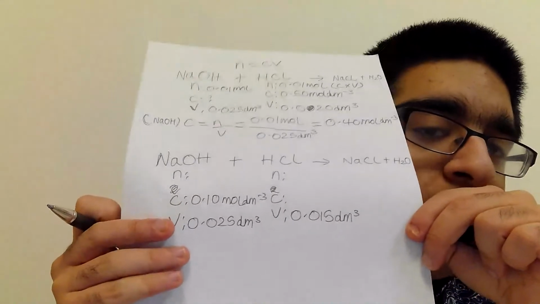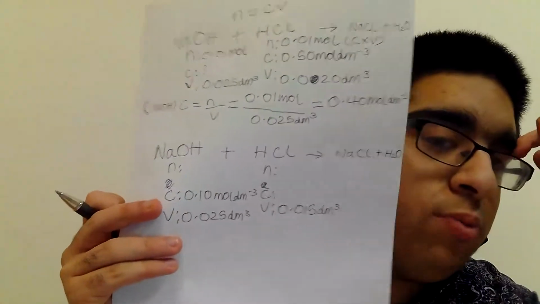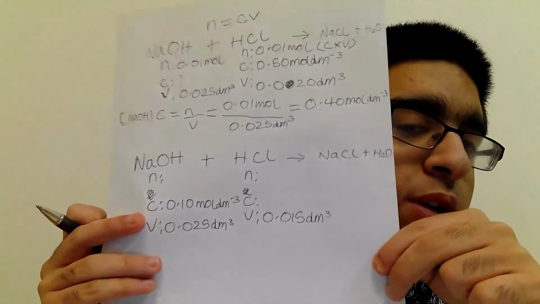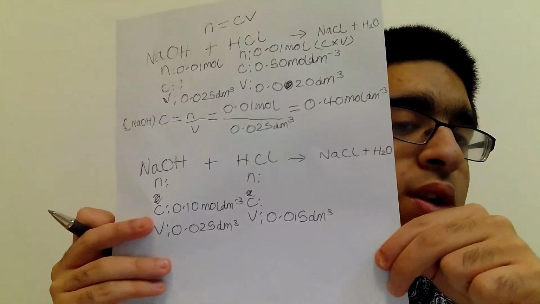By the way, you could write moles slash dm cubed, or mole dm to the minus 3, because in A level you normally write mole dm to the minus 3, but in GCSE it's most common to write moles slash dm cubed.